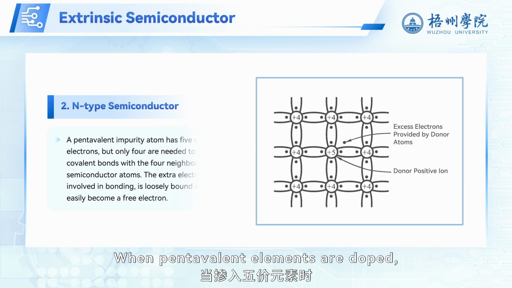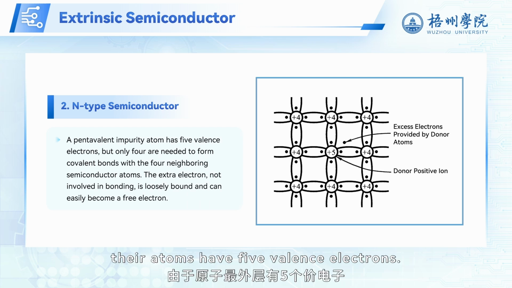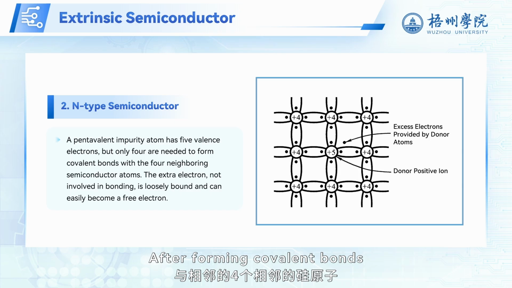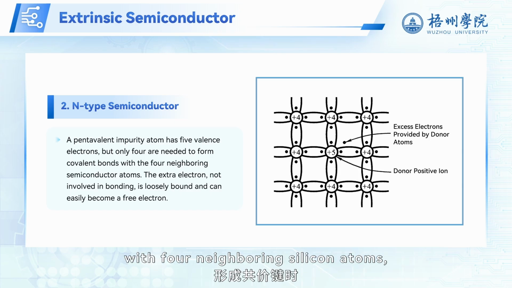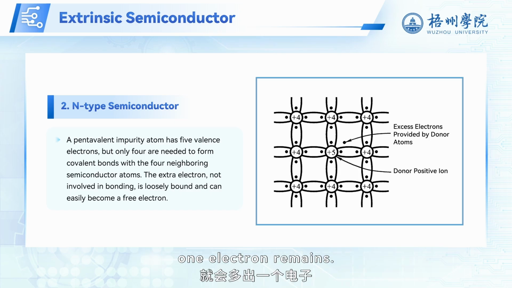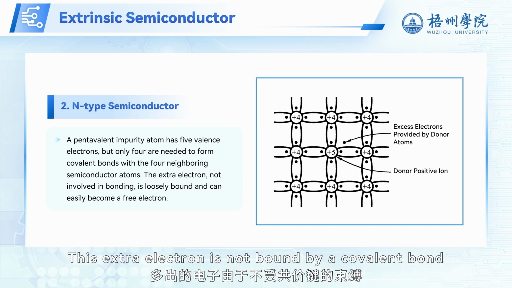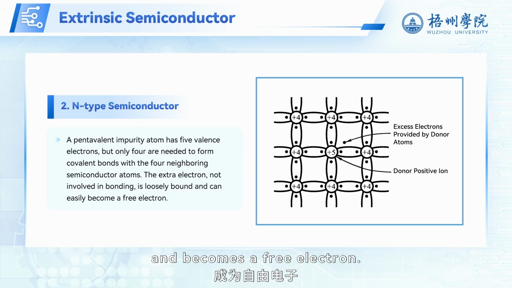When pentavalent elements are doped, their atoms have 5 valence electrons. After forming covalent bonds with 4 neighboring silicon atoms, 1 electron remains. This extra electron is not bound by a covalent bond and becomes a free electron.